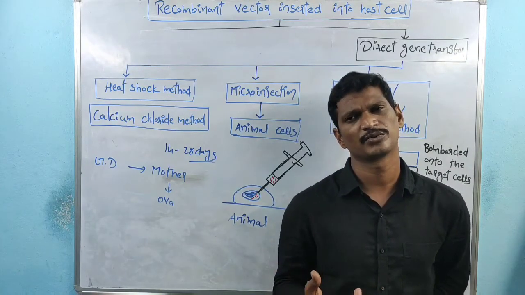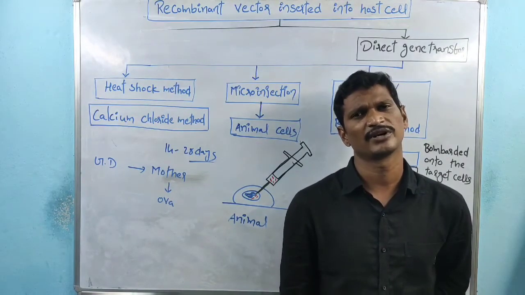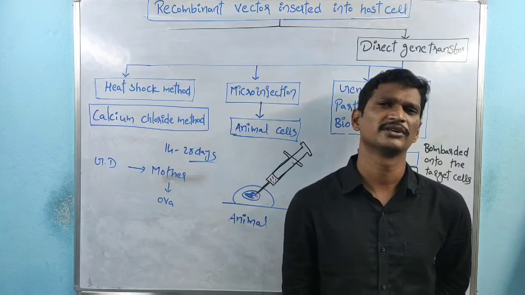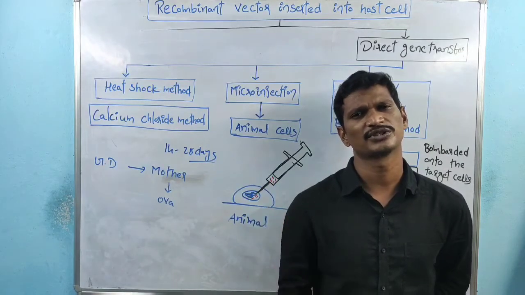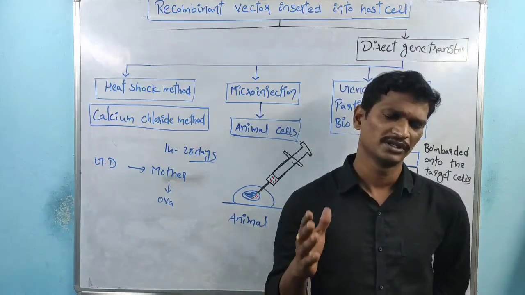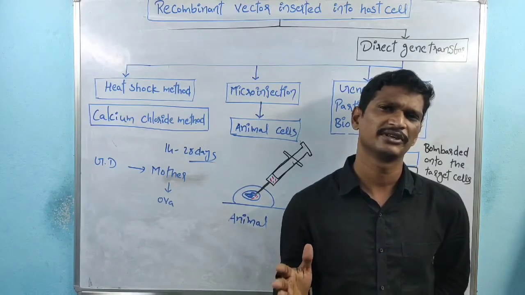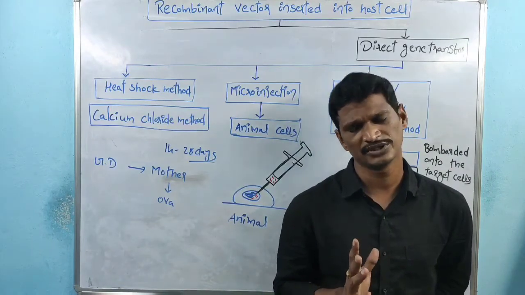For prokaryotic cells, NaCl and beef extract are required, so very limited nutrients are needed. In the presence of those nutrients, cell division is very easily completed. So cultivation of prokaryotic cells is much easier than cultivation of eukaryotic cells.